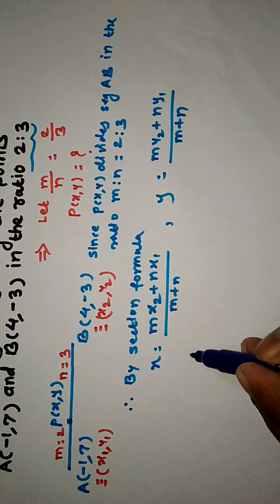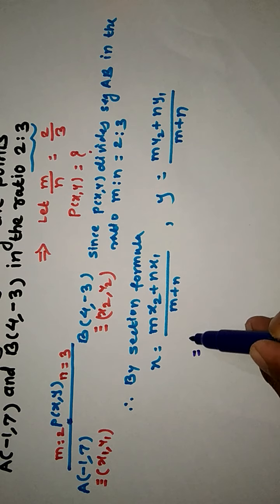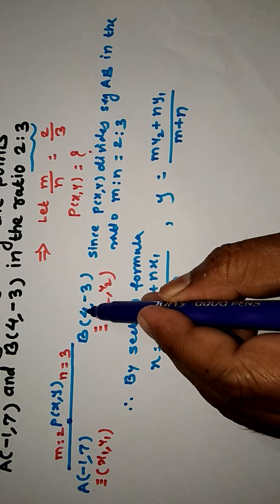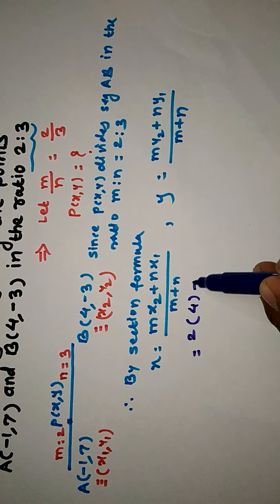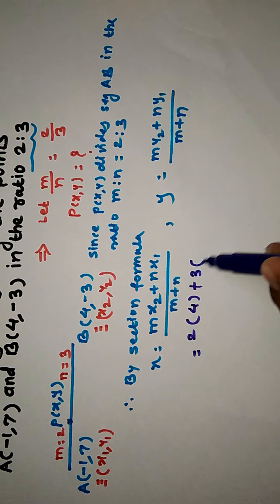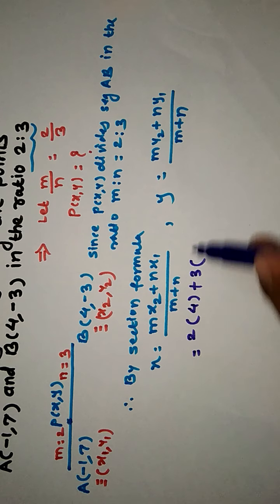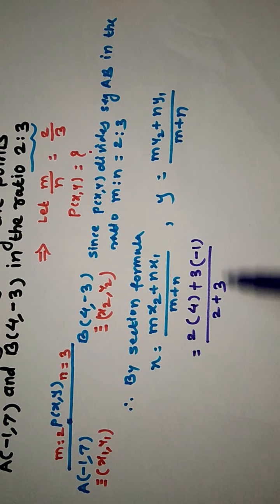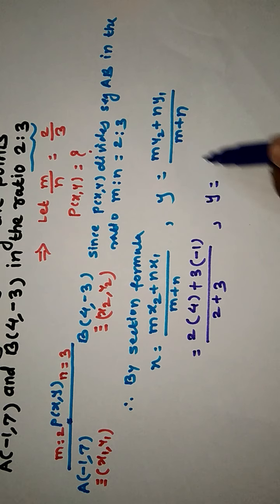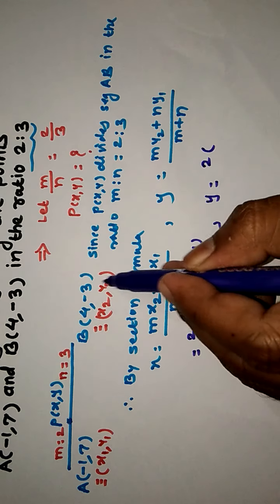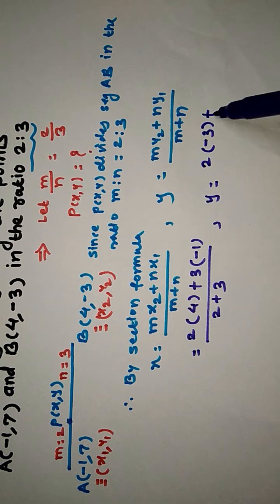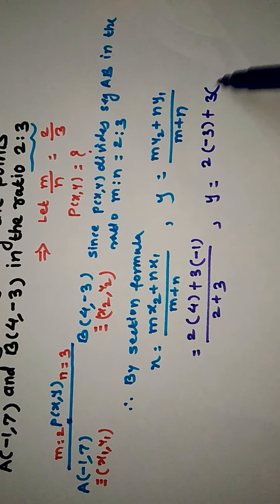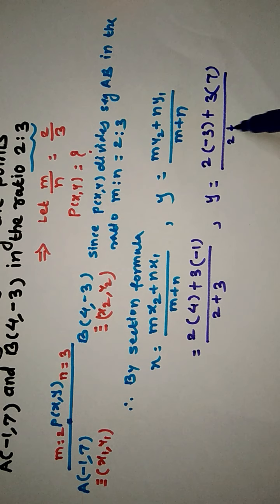In this formula we get m means 2 into x2, where x2 means 4, plus n means 3, into x1 means here minus 1, divided by m plus n means 2 plus 3. In the same manner, we substitute the values of y2, y1: m means 2, y2 means minus 3, plus n means 3, y1 means 7, divided by 2 plus 3.